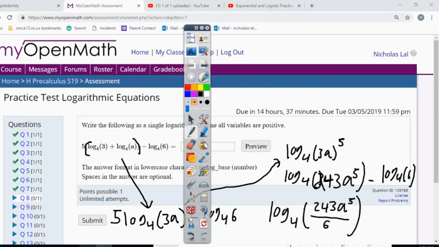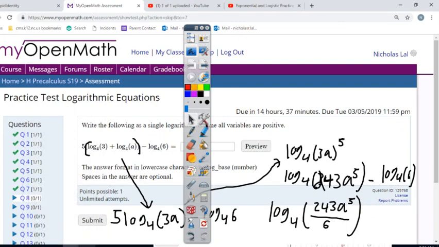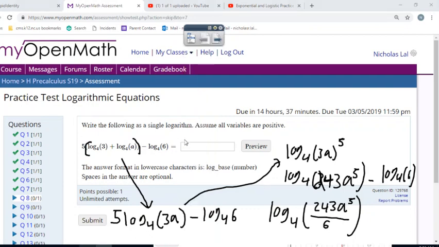Does 243 over 6 simplify? Dividing by 6 gives 40.5, so that's not going to simplify. I'll just leave it the way it is.